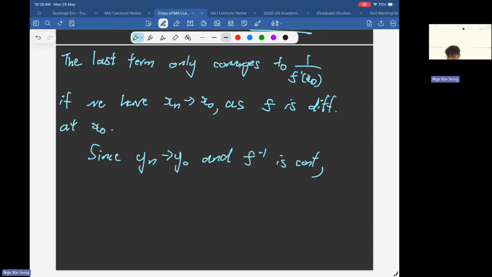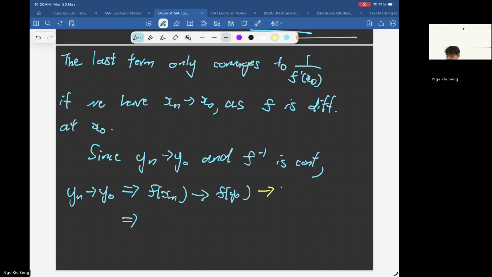So yn converges to y0, which implies that f(xn) actually converges to f(x0), but then I can use f inverse because these are points in the domain of f inverse.